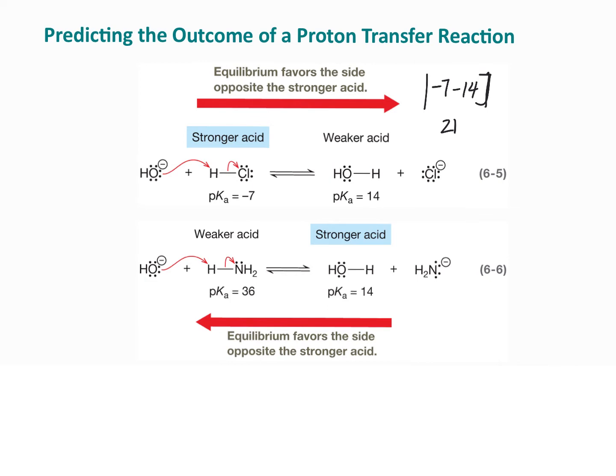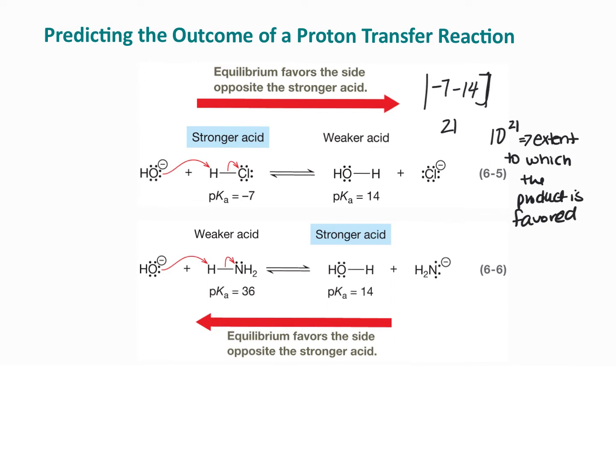And so we take it to 10 to the 21st. The reactant acid is 10 to the 21st times stronger than the product acid, right? So HCl is 10 to the 21st times stronger than water, and so the extent to which the product is favored is 10 to the 21st. So that's the extent to which the product is favored.